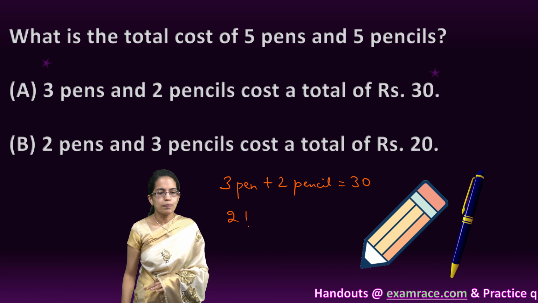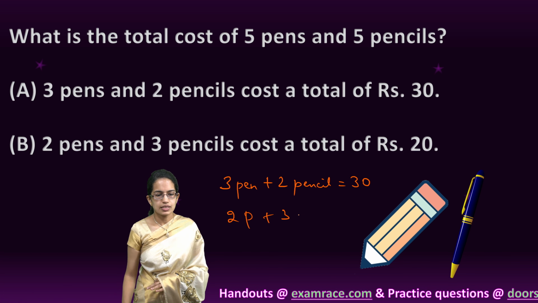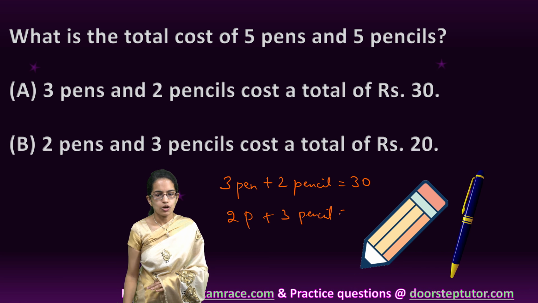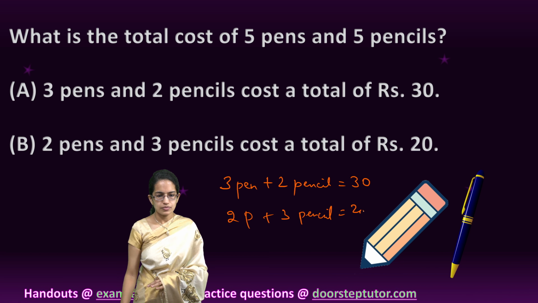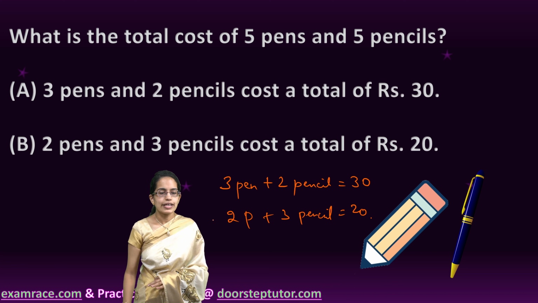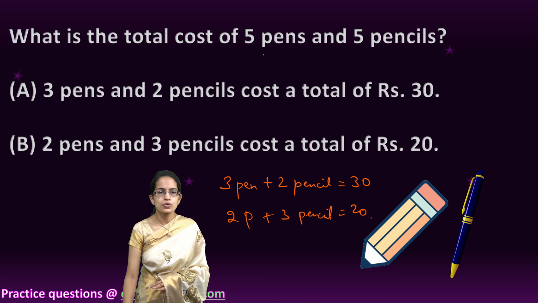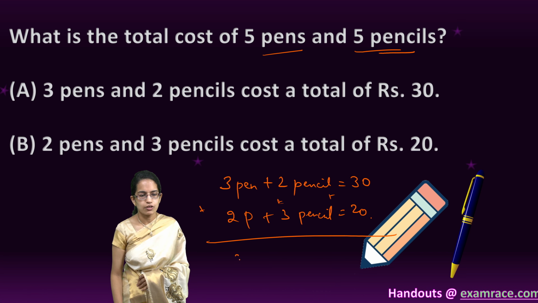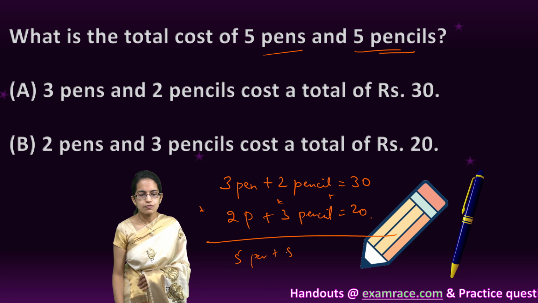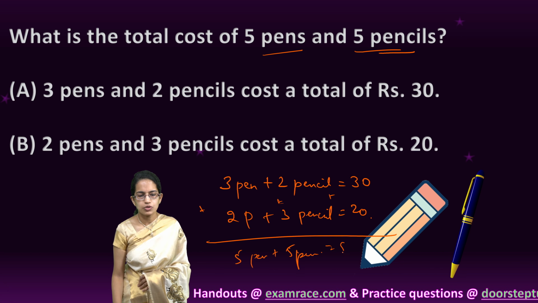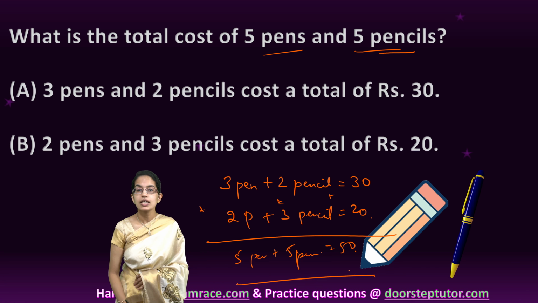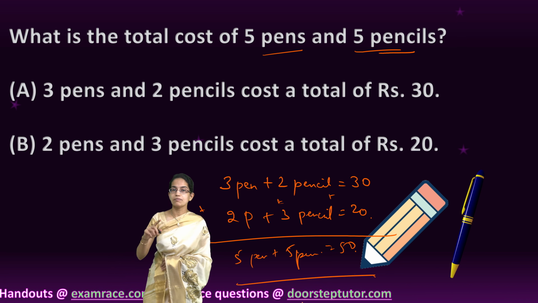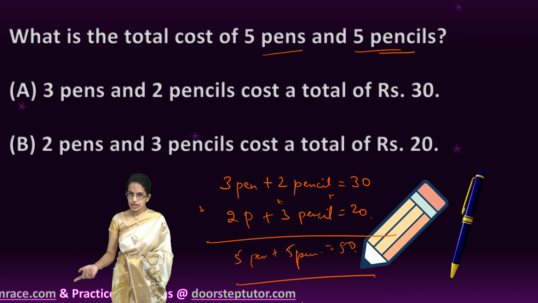Okay. 2 pens plus 3 pencils cost rupees 20. Now I need to find out the cost of 5 pens and 5 pencils. So if I have both the equations, I can simply add up these equations and say the cost of 5 pens plus 5 pencils would be 50. Or I can say cost of 1 pen plus 1 pencil would be 10 rupees.